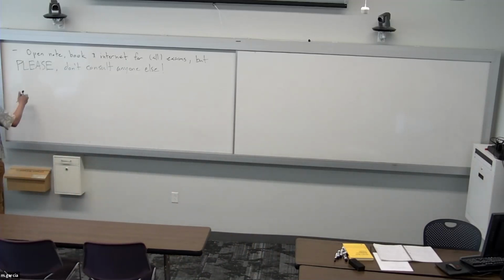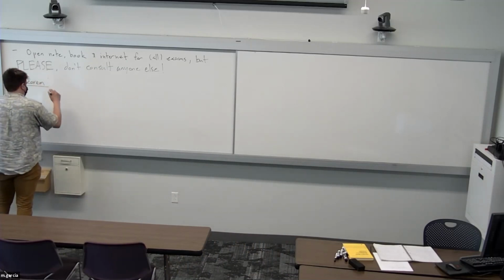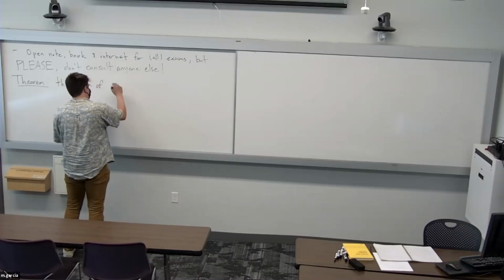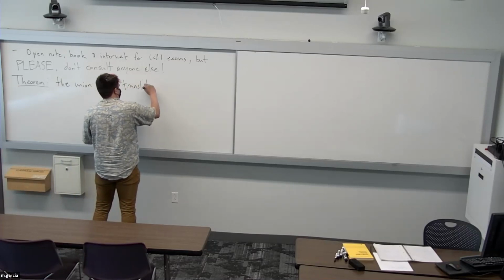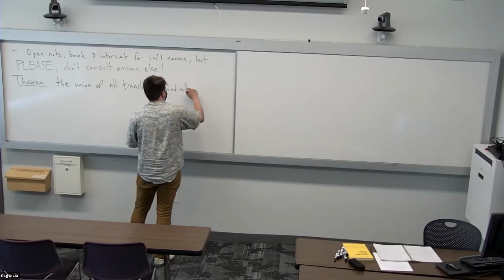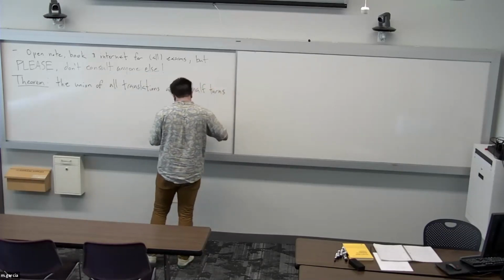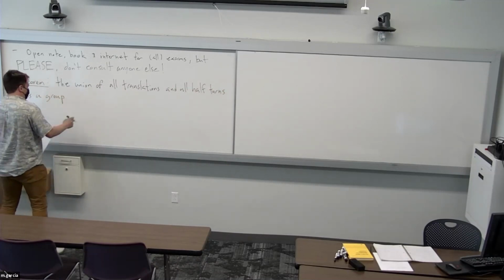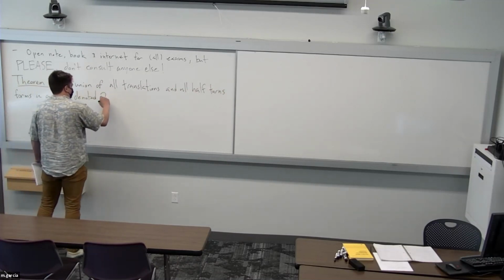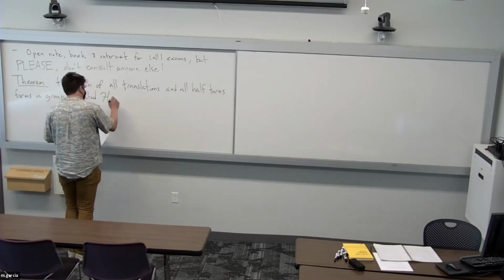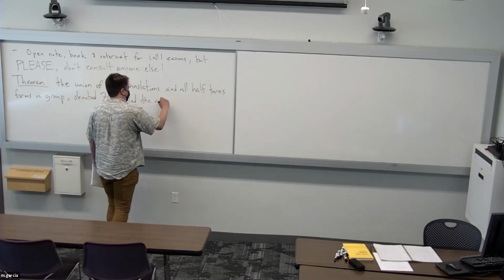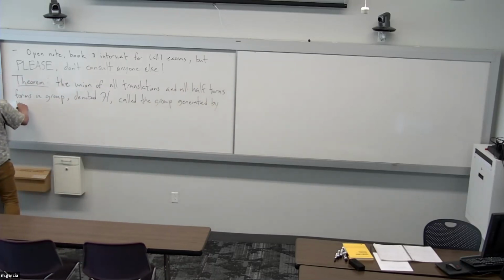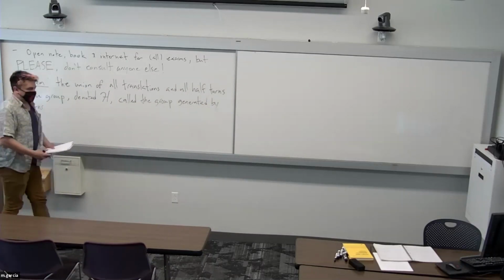So, I think I said the union of all translations and all half turns forms a group which we denote script H, called the group generated by half turns.